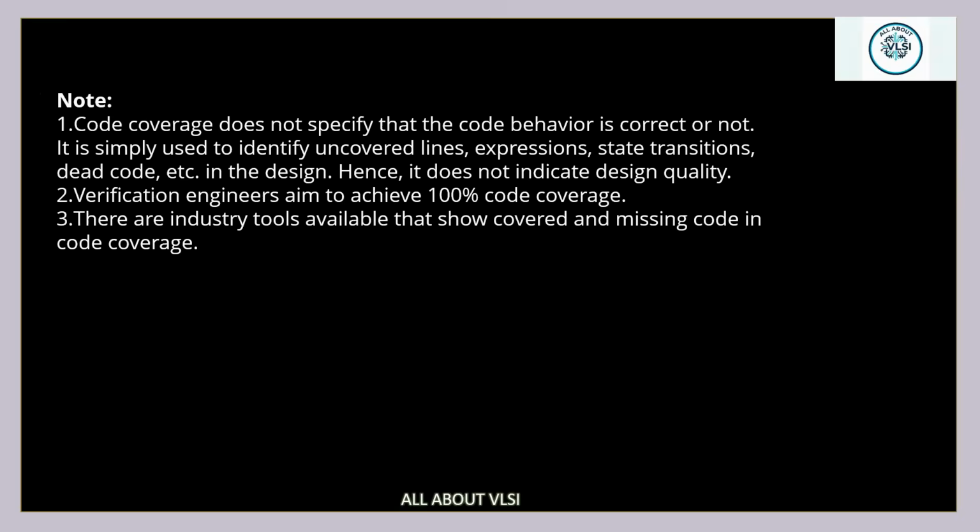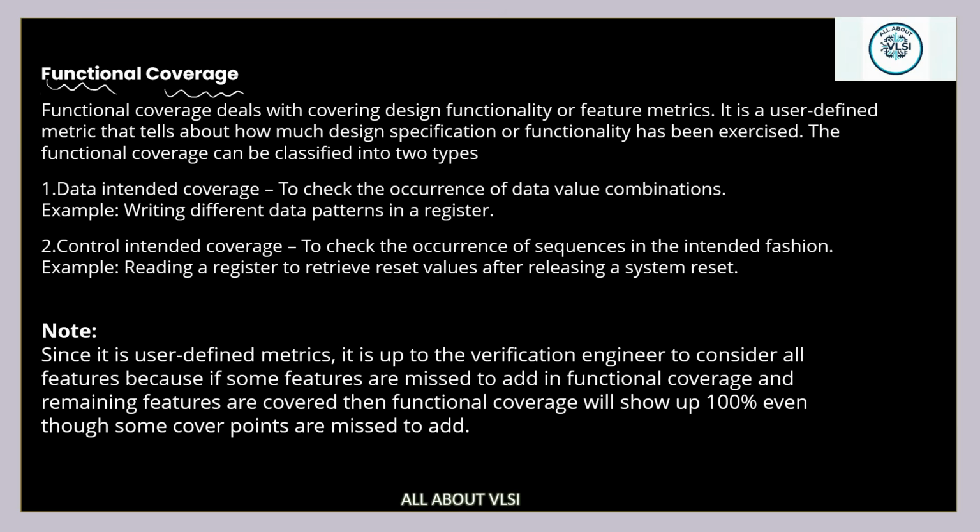Coming to functional coverage: code coverage was checking whether all the lines of code are correct, or whether you are missing something. Functional coverage is going to check whether your functionality is being covered, correctly tested, and up to which extent it is being tested.